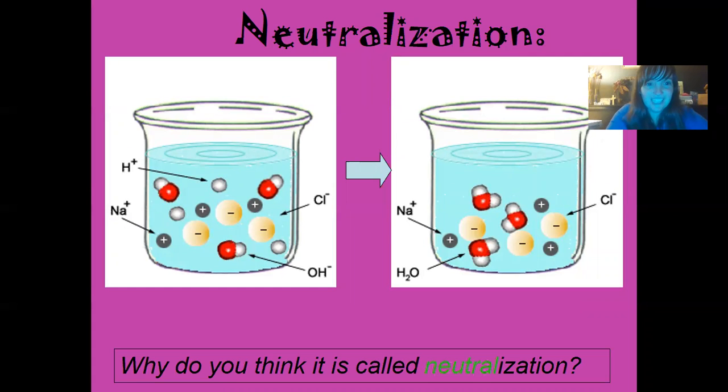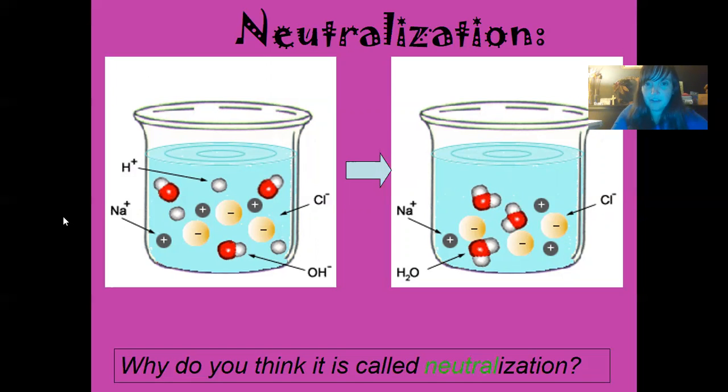Let's take a look at this in another way. Well, first I wanted to ask you this question. Why do you think it's called a neutralization reaction? It's making the acid and base neutral, pH 7. So neutralization is the name for this type of reaction.